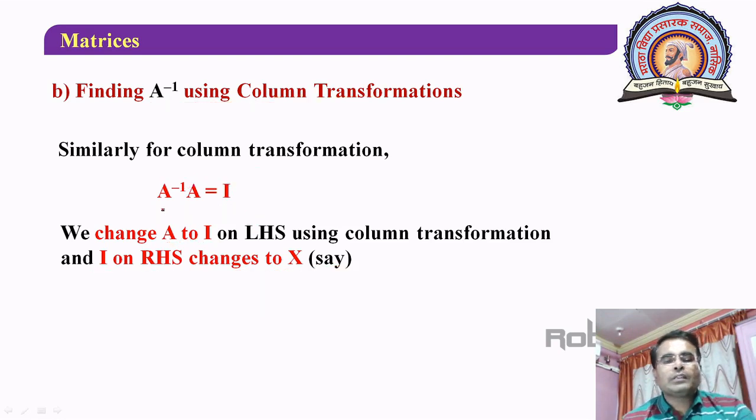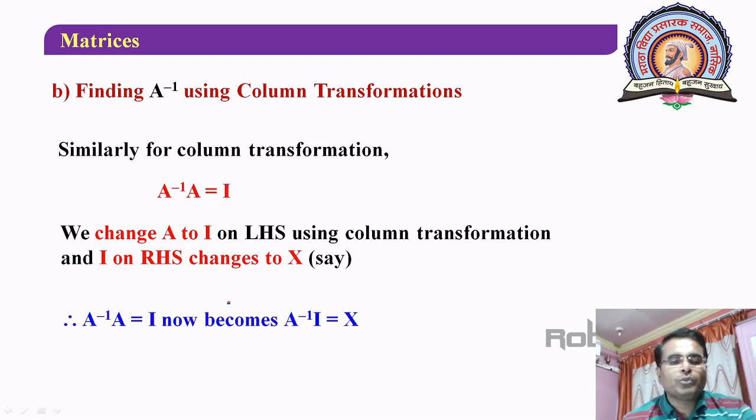So consider the equation A inverse into A equal to I, reduce this A to identity matrix, at the same time this I on right hand side will get converted into the required inverse, say X. So your equation was A inverse into A is equal to I initially, and what are we doing?